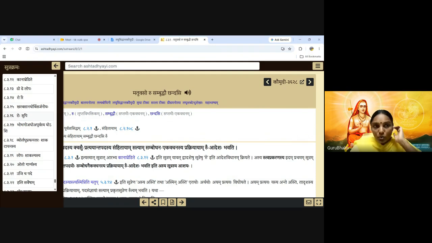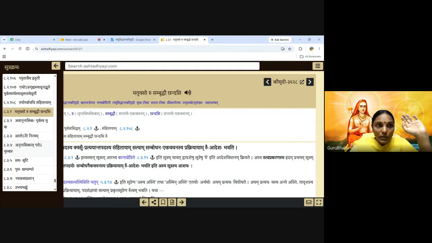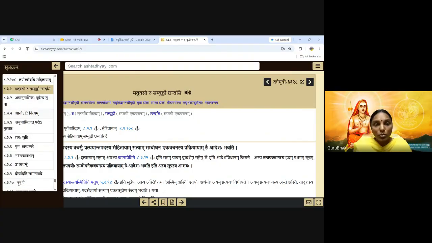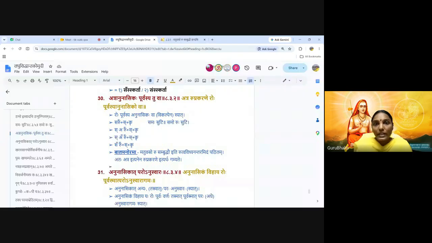Starting from Matuvasoru Sambuddhau Chandasi up to Roho Supi, all of these come under Rutva Prakarana. So here it says atra ru prakarane, which means Rutva Prakarana. In all these sutras, wherever this refa is there, before that refa, anunasika will come optionally. So here also this refa is there, and before refa, anunasika has come.